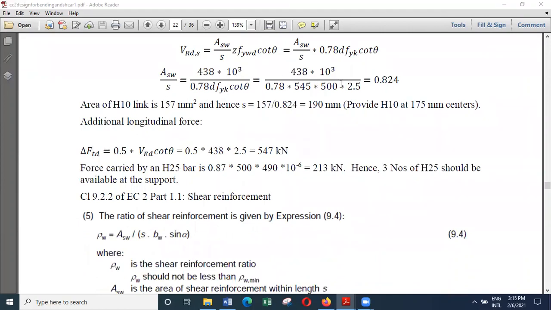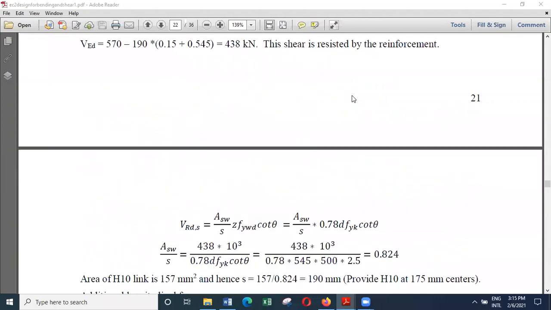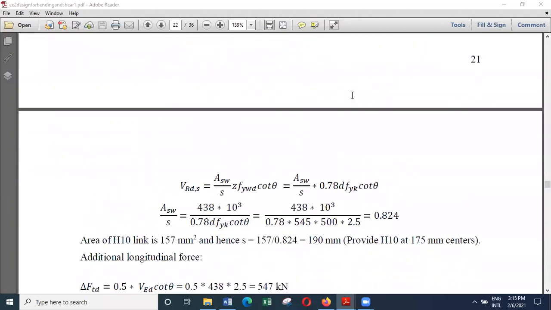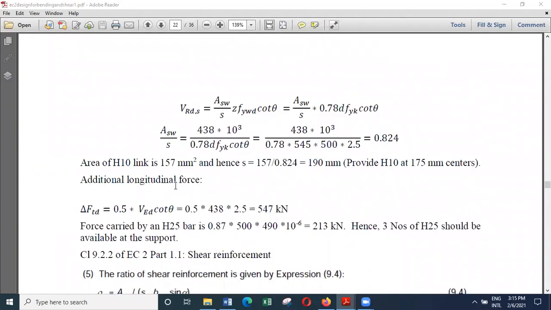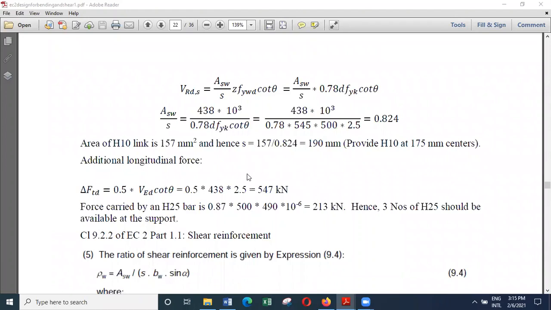Before that, corresponding to this shear force of 438 kilonewtons, you get a horizontal force of 547 kilonewtons. And to carry this, we need about 3 numbers of H25 bars at this particular support.